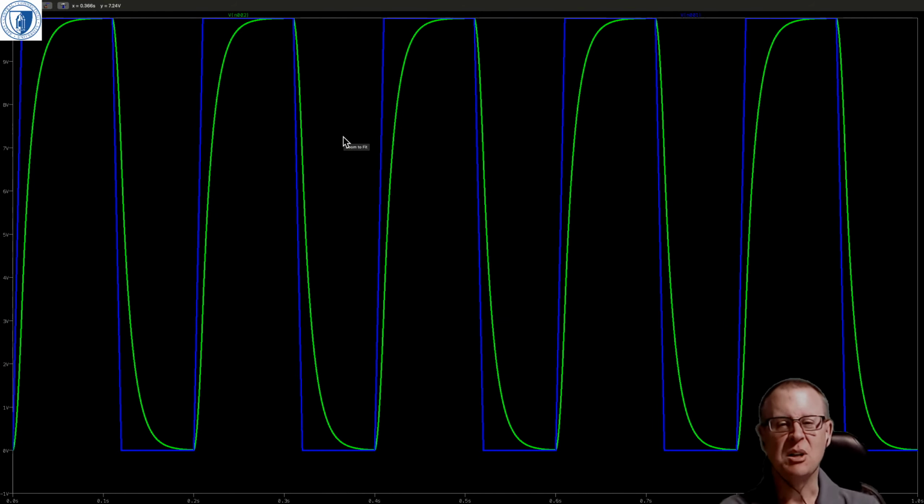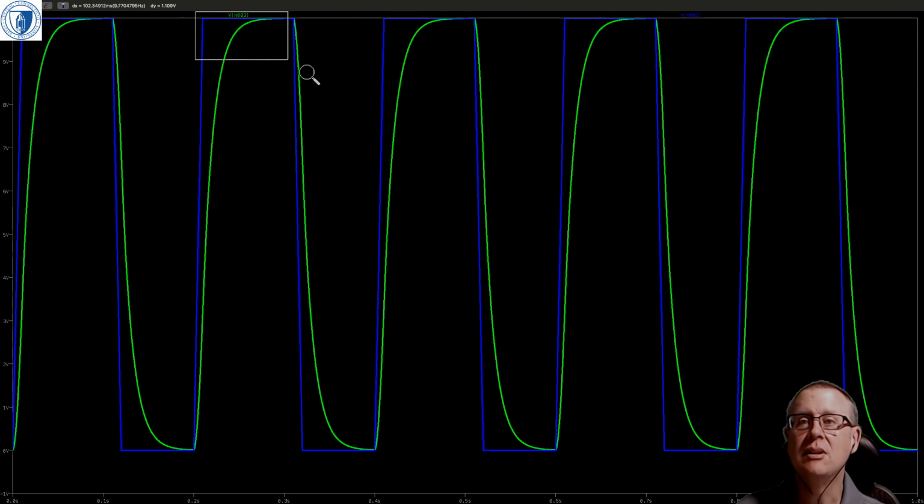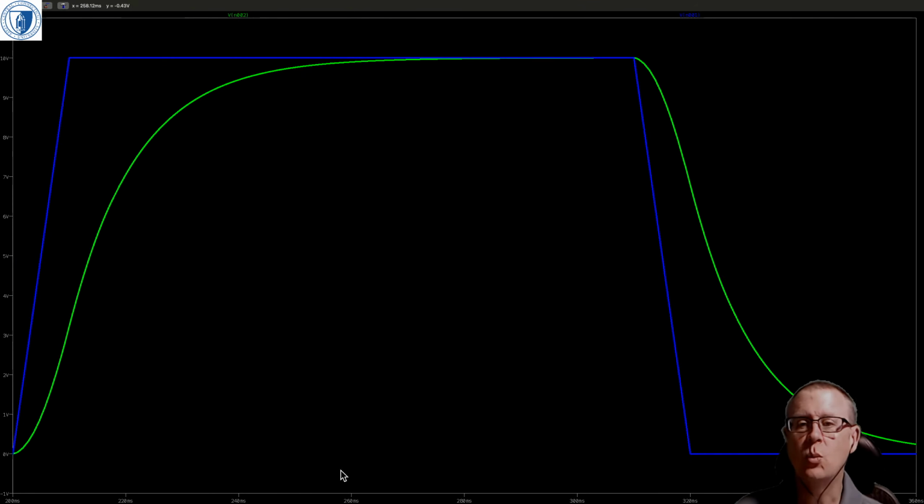And now it's looking much more like what you'd expect, right? If we zoom into just one of these, you can see now that the e to the minus t over tau shape is there, and it reaches the asymptotic value pretty closely, certainly within 1%, like what we want.